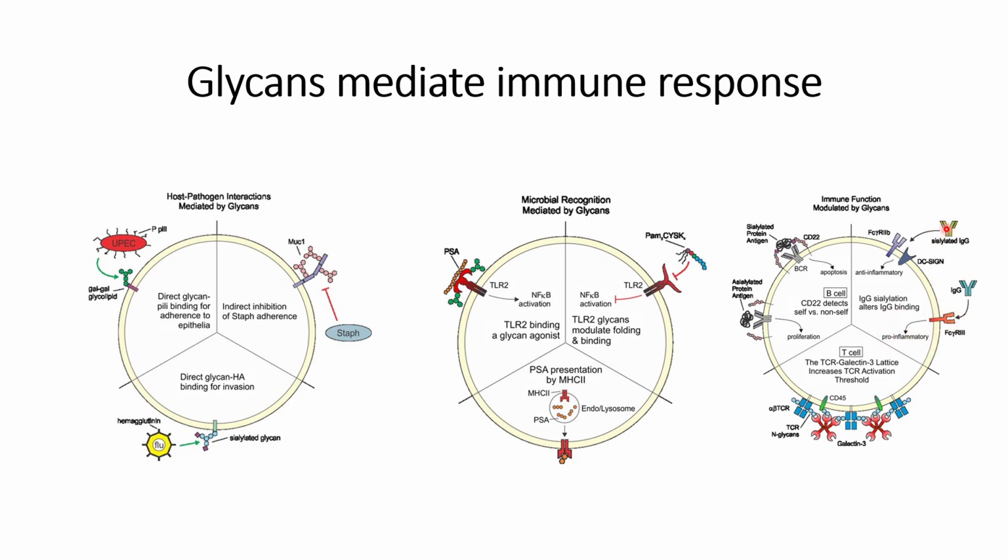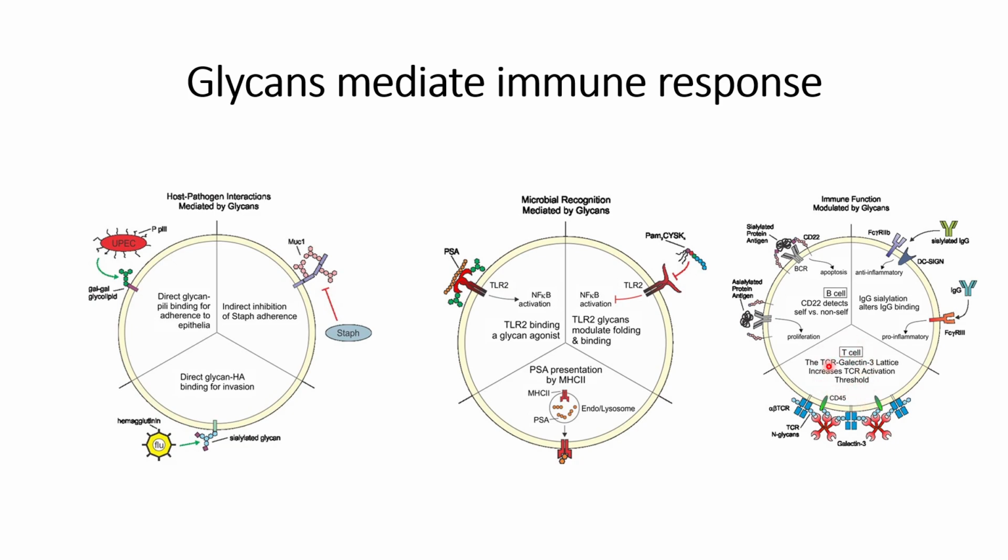In this example also, the sialylated antibodies are part of the host and will not generate an immune response, whereas non-sialylated antibodies are generated against the foreign harmful substance, which needs to be taken care of by generating a pro-inflammatory response.